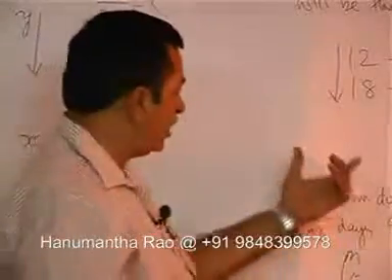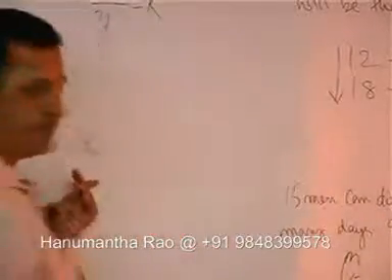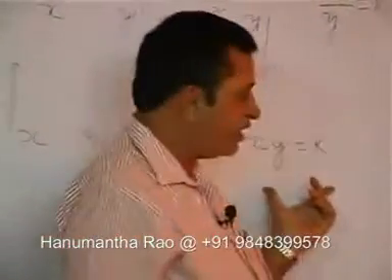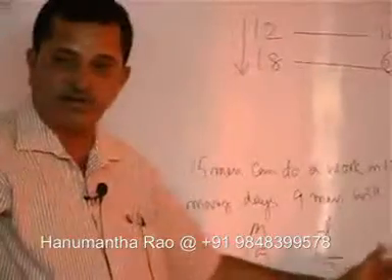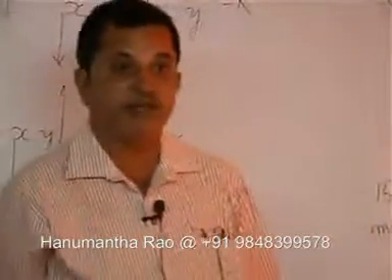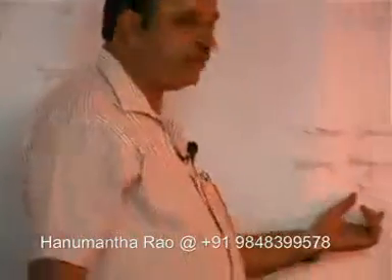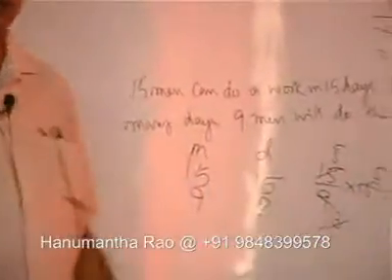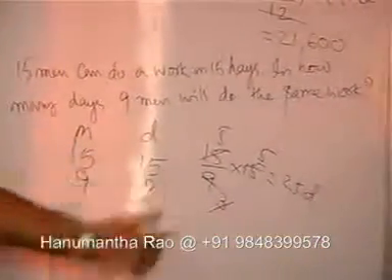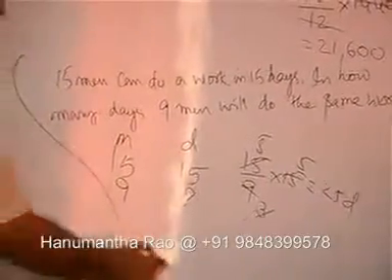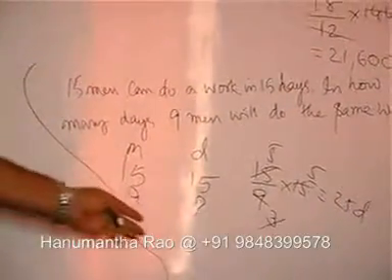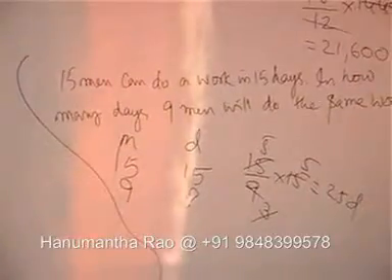So, if 15 men can do it in 15 days, 9 men will do it in 25 days. I told you here x into y is constant: 15 into 15 is 225, and 9 into 25 is 225. It means that 15 men's 15 days of work is equal to 9 men's 25 days of work. For work-related problems, this much process is not required.